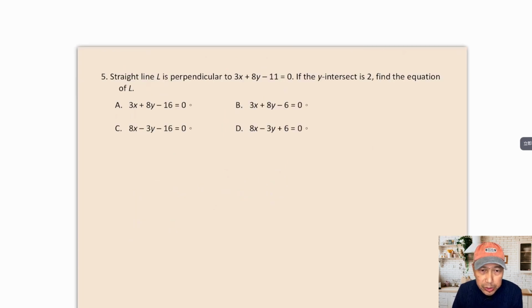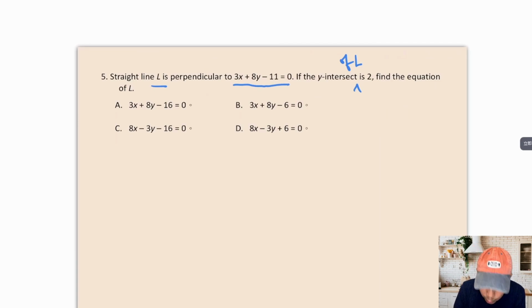Okay, last question. The straight line L is perpendicular to 3x plus hy minus 11 equals 0. The y-intercept of L is 2. Find the equation of L. We have two straight lines. One of them is L. The other is given by 3x plus hy minus 11.